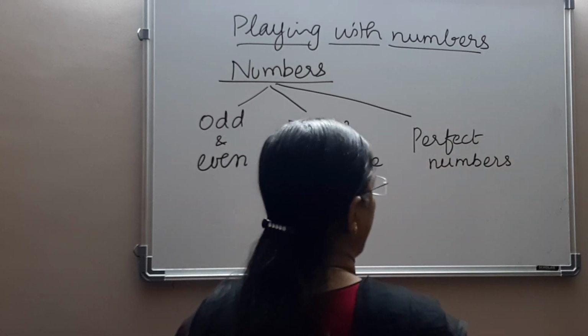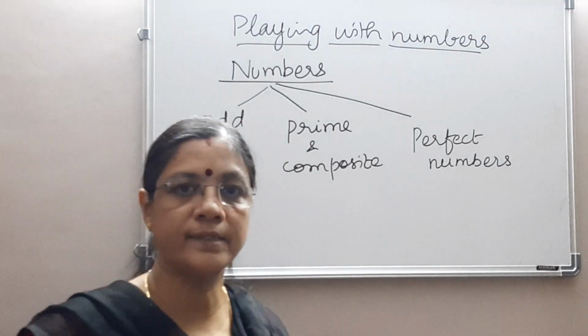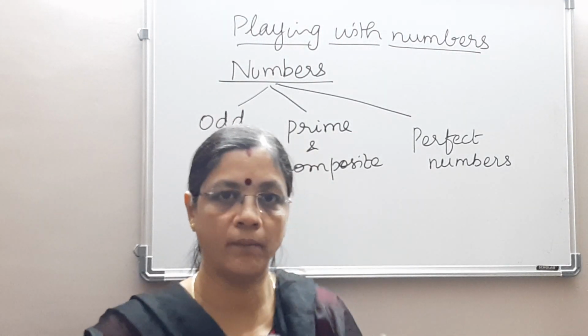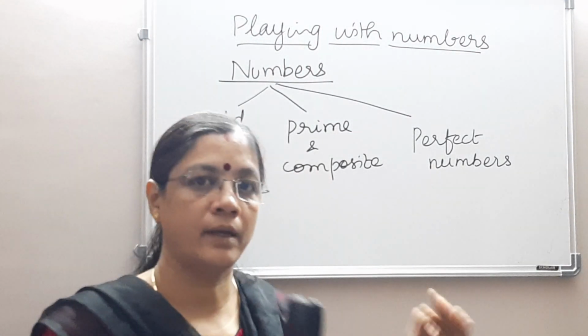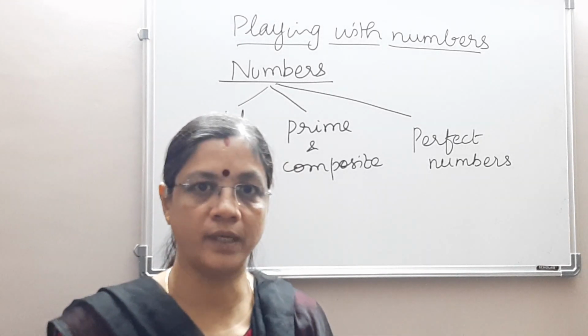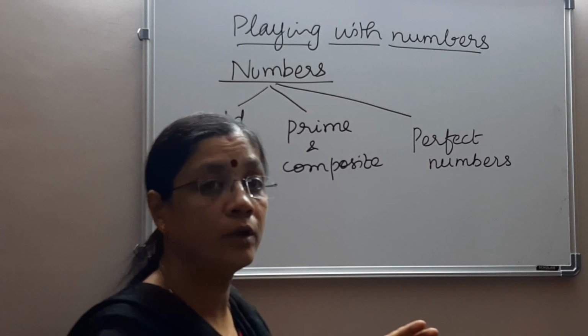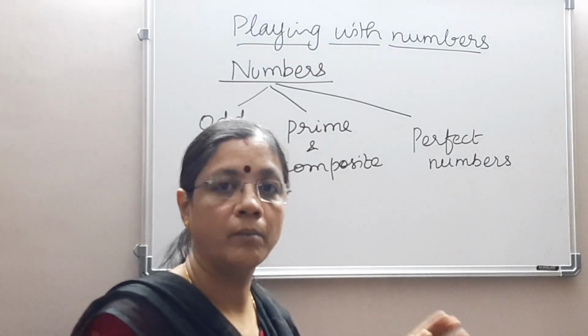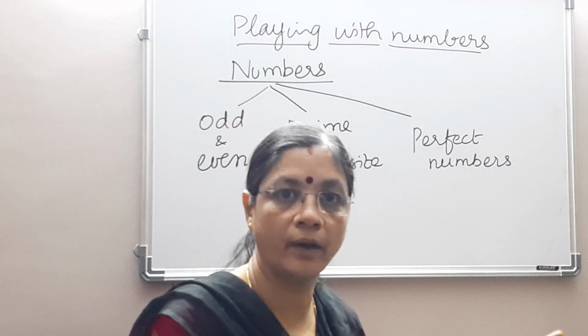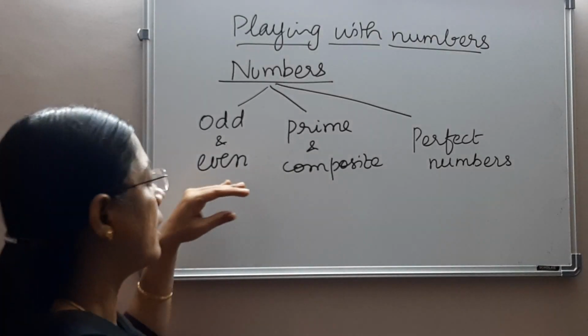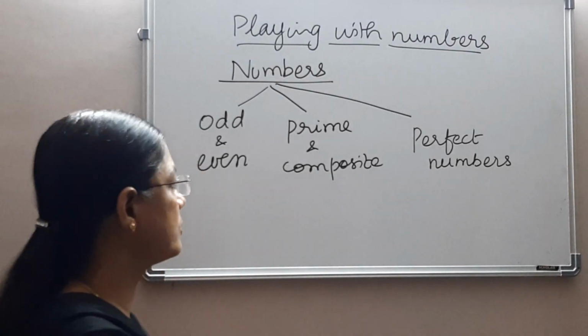We have already studied natural numbers, and whole numbers, which are natural numbers along with 0. Now we are going to learn about another set of numbers, called odd and even.